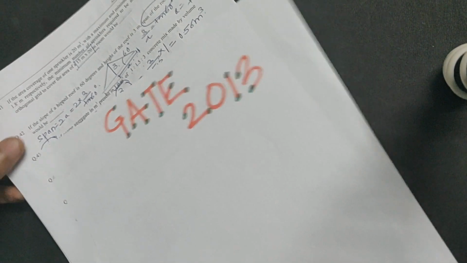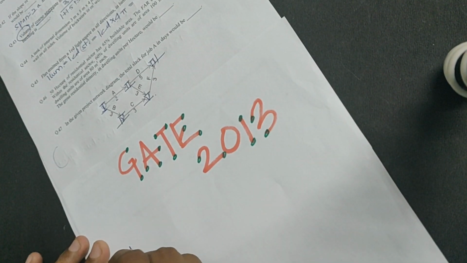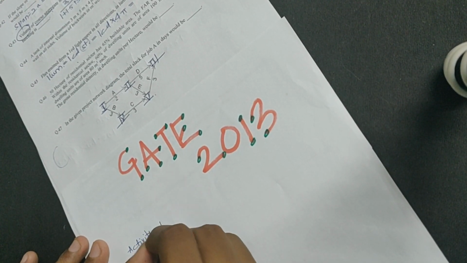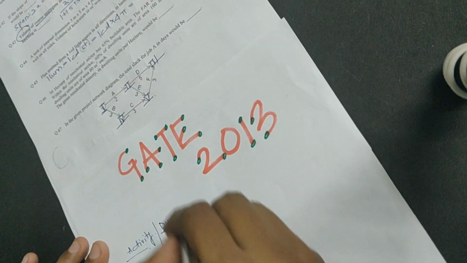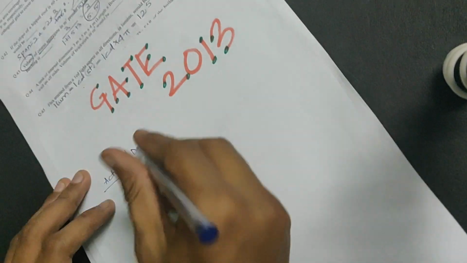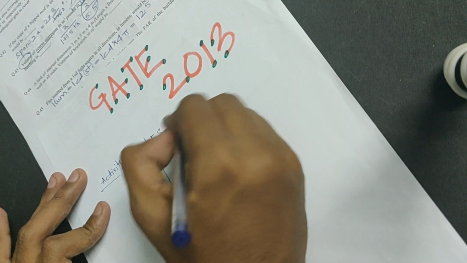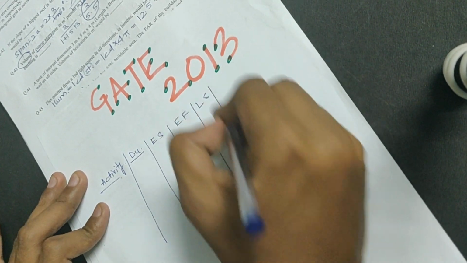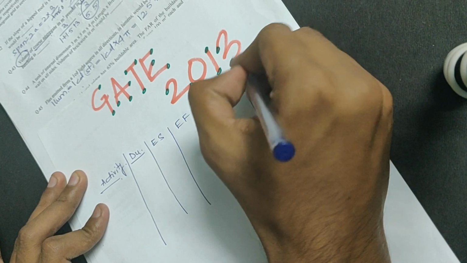Okay, so we'll make a table here: activity, duration, early start, early finish, late start, late finish, slack.